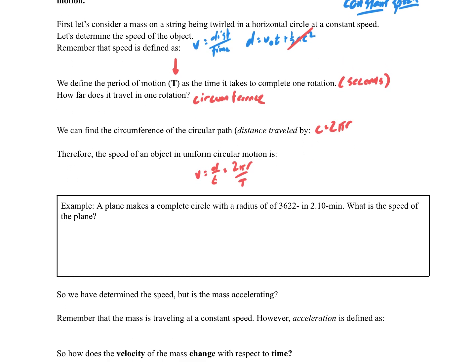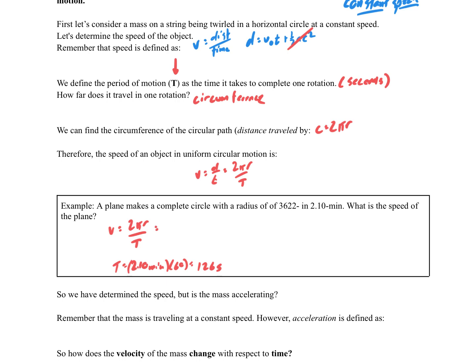So we have a plane that makes a complete circle with a radius of 3622 meters in 2.1 minutes. What is the speed of the plane? We just use our formula, v equals 2 pi r over big T. My big T is 2.1 minutes. Convert that by multiplying by 60 to get 126 seconds.